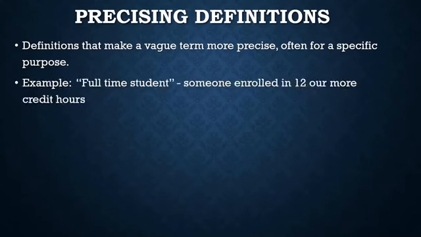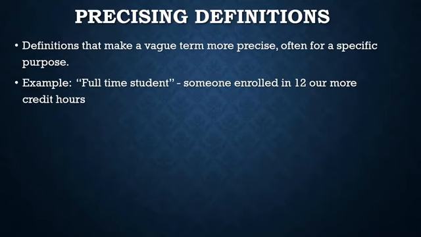So for example, full-time student, if we want to limit the rights and responsibilities that a full-time student has, or limit the financial aid that might be available, we might need to define it.